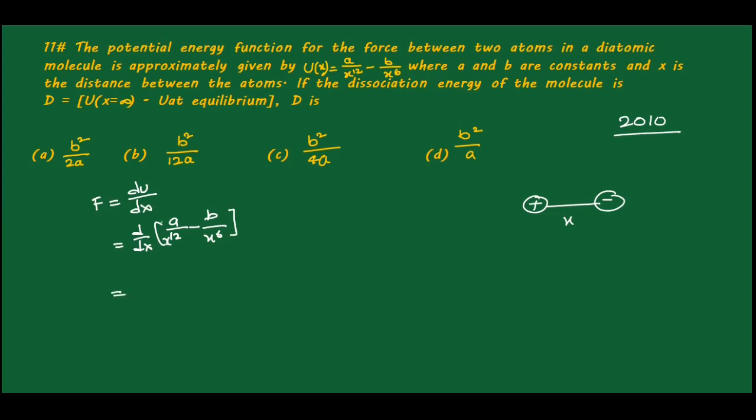I have to differentiate this term and this term separately. Here a is constant and b is also constant. Now what you will get is 12a x^-13 minus 6b x^-7. This is what actually F is.